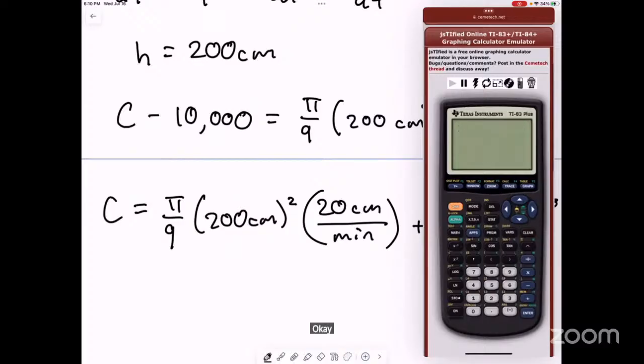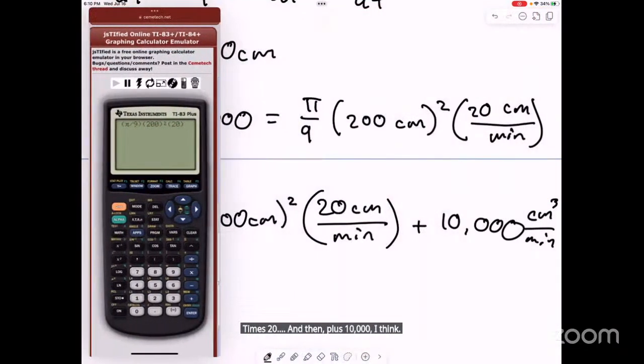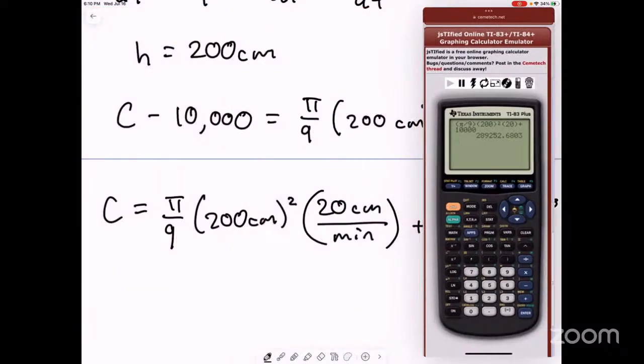Okay. So let's do our pi over 9, 200 squared, times 20, and then plus 10,000. Okay. 289,253. It said round to the nearest integer.